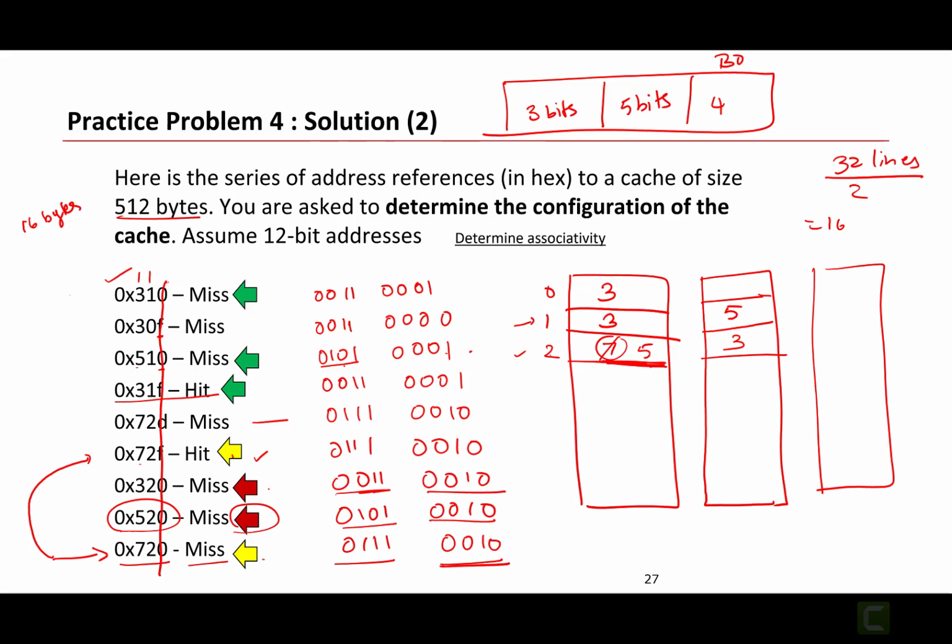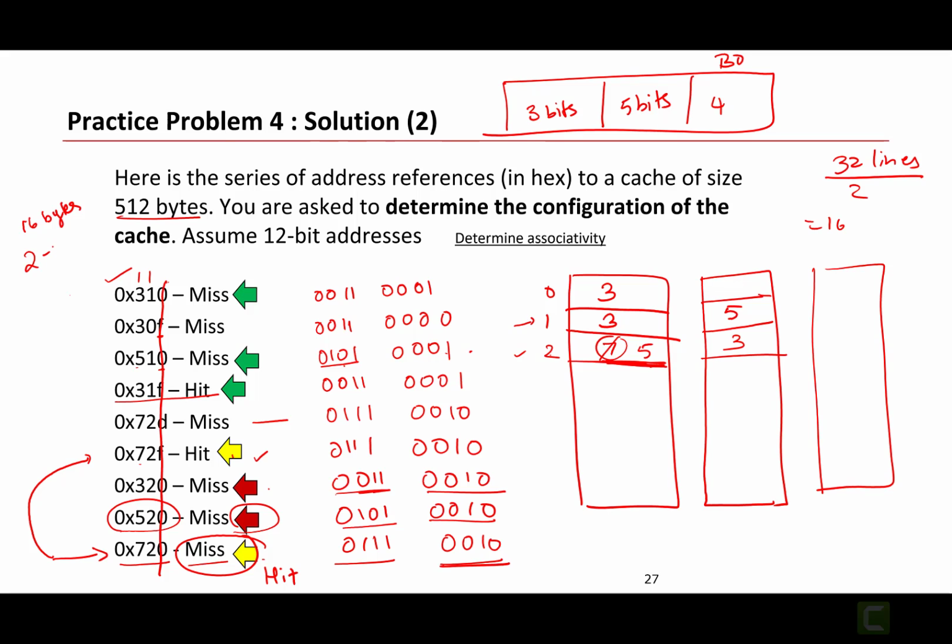You can go through this exercise and figure it out by yourself. You'll see that in a four-way set associative cache, this access would turn out to be a hit, and that would be a contradiction. So from that exercise, we can get more confidence that the cache in the given problem has two-way set associativity.